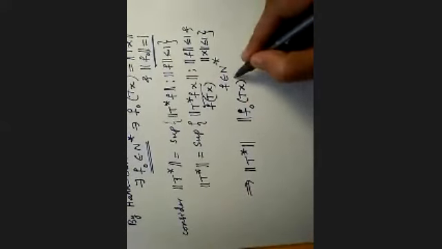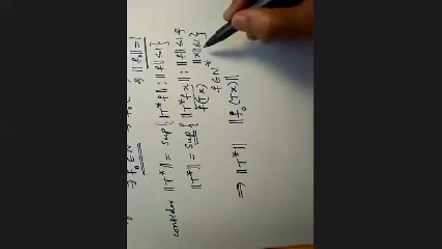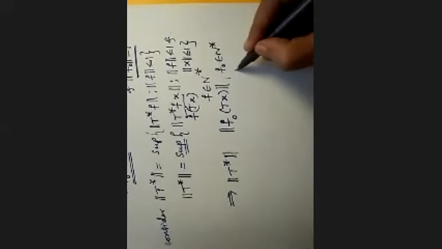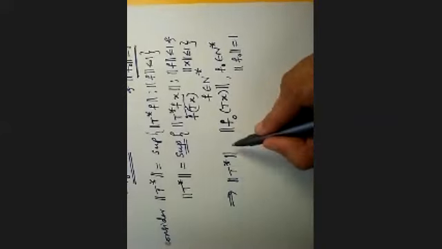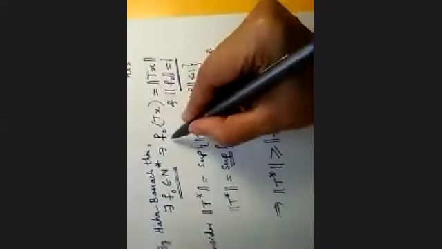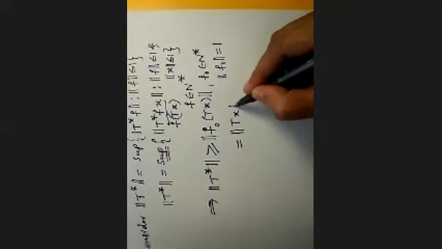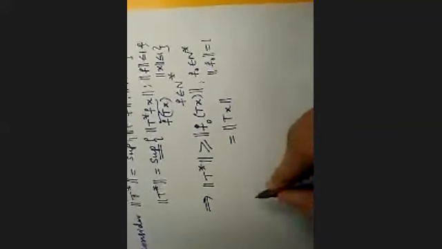Okay, we take the norm of this. So this is the supremum over all such functionals and such elements x here, and this is one element f naught belonging to N star, and norm f naught equals 1. So by definition, it will be greater than or equal to this, and f naught of T of x is nothing but norm Tx, which is equal to norm T of x. So I rewrite it.